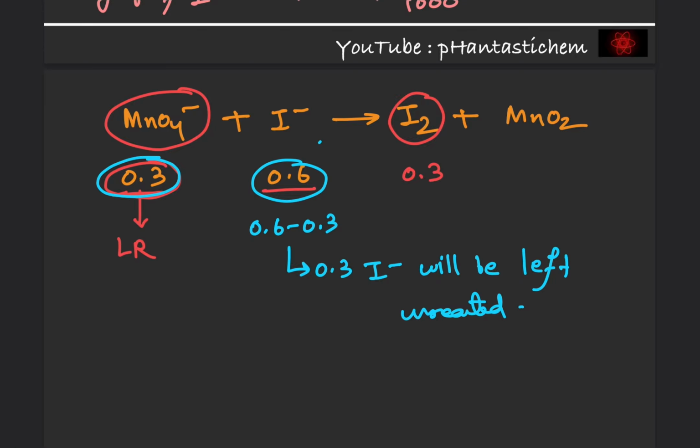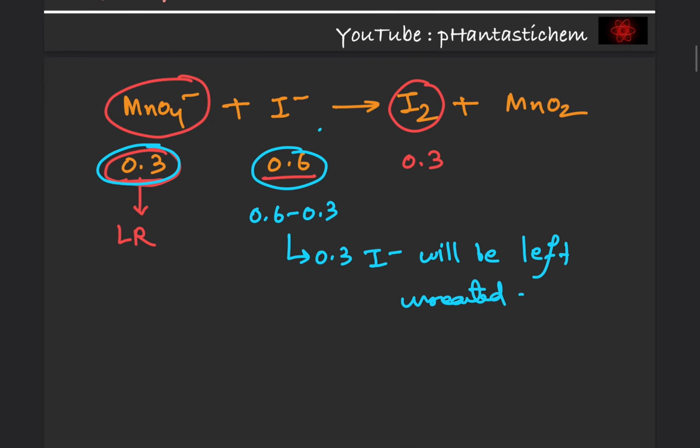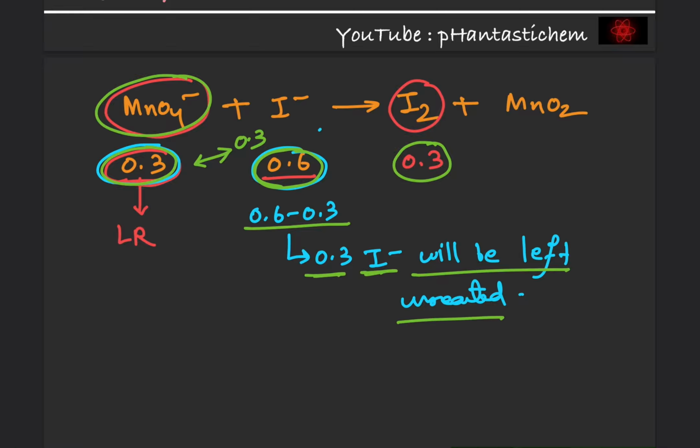I will repeat all the gram equivalents. Here we have MnO4 minus 0.3. Here we have 0.6. Out of this 0.6, 0.3 will react with MnO4 minus to give me 0.3 I2, and 0.6 minus 0.3, that is 0.3 gram equivalents of I minus, will be left unreacted.